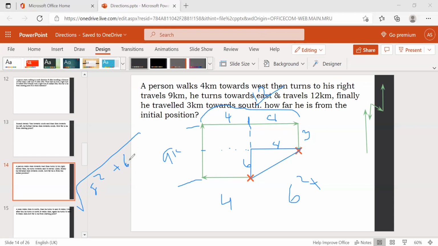I'm taking the square directly actually. So 64 plus 36 is nothing but 100 is the answer. Right? So root of 100 is nothing but 10 kilometers.